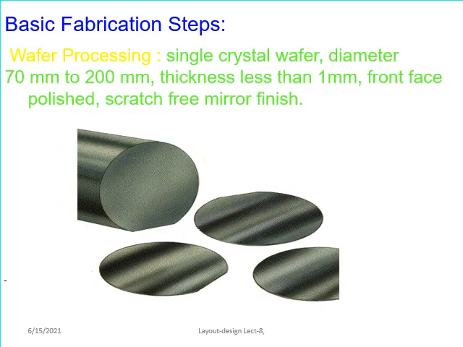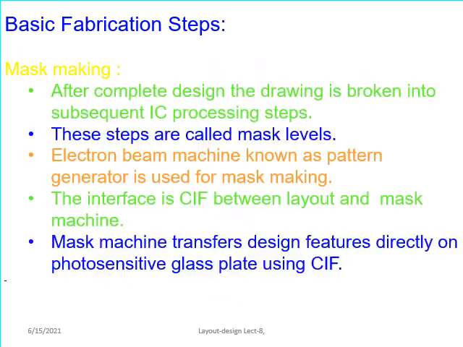First, in wafer processing, the single crystal wafer diameter is 70 mm to 200 mm, thickness less than 1 mm, front face polished, scratch-free mirror finish. See the diagram to understand the fabrication steps clearly.